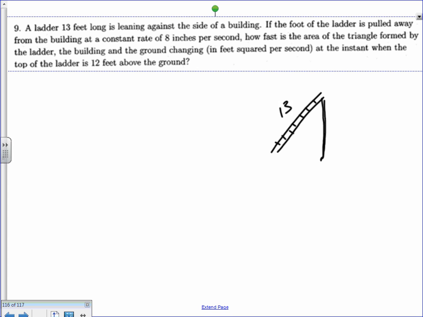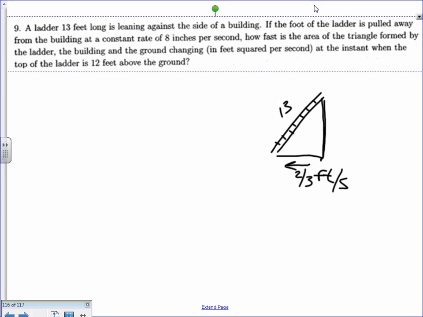I never draw fancy buildings. So I'm going to convert 8 inches per second to 2/3 feet per second, because 8 out of 12 is 4 over 6, or 2/3. Yep, 2/3 feet per second.